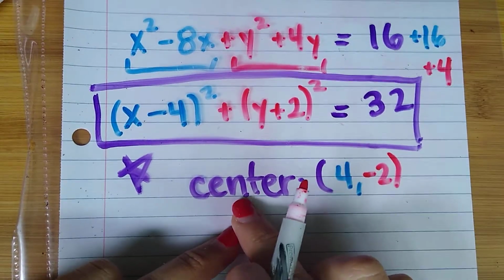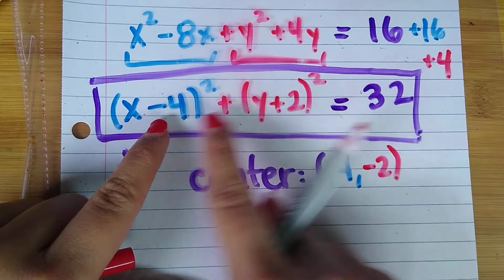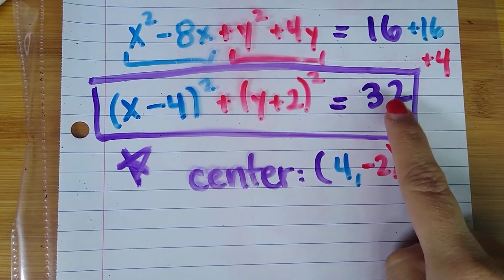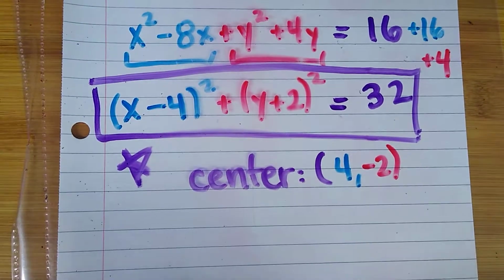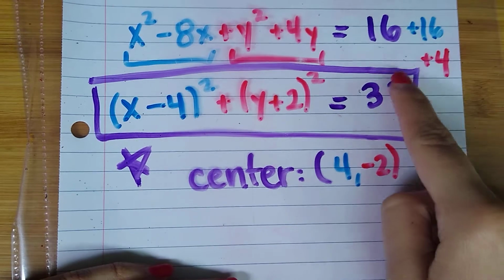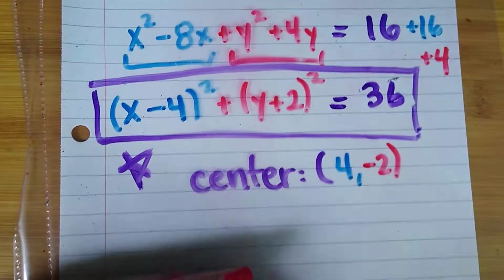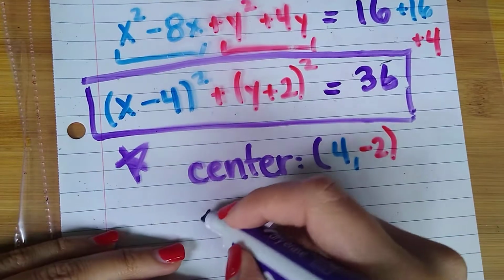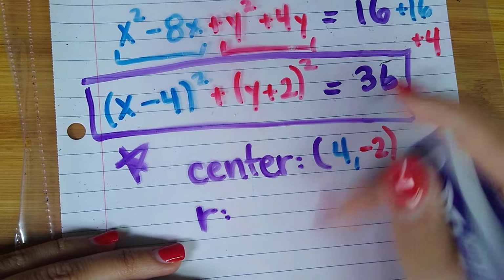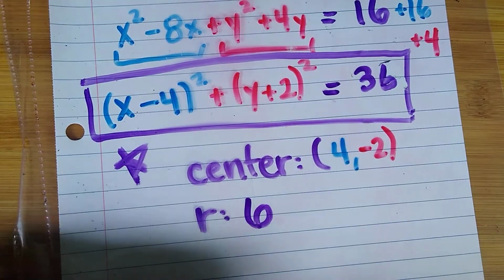Again, a quick way to figure out the center is you just take the opposite sign of both of these. And then the radius would be, well, this was 36, and the radius here is squared, so I have to take the square root of that, and it's going to be 6.